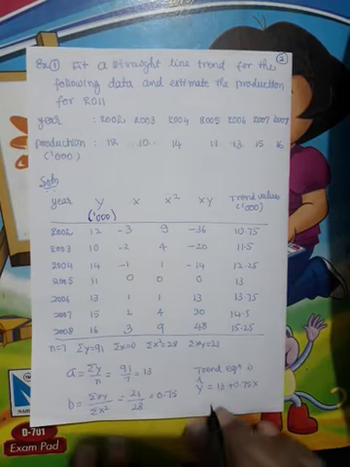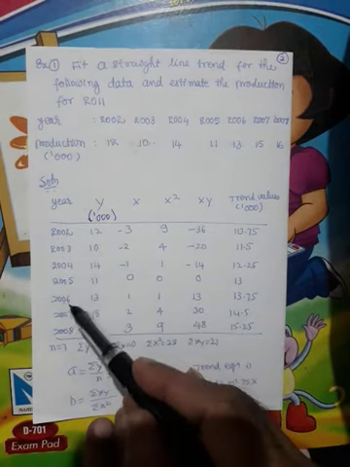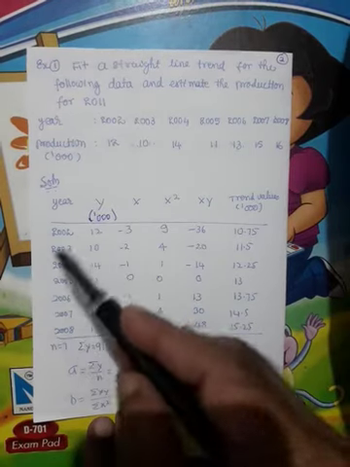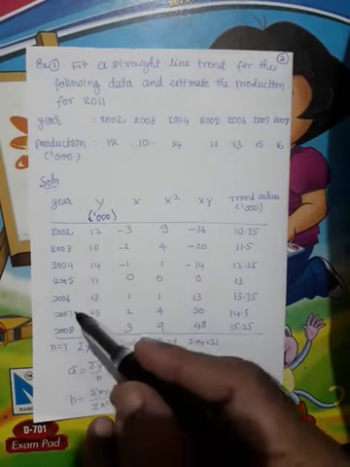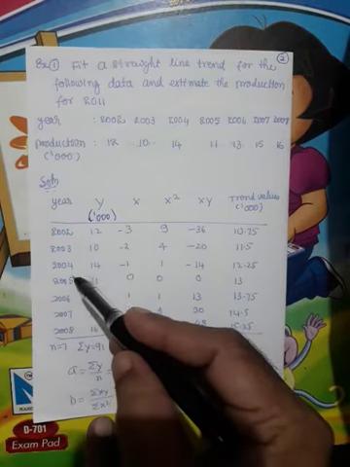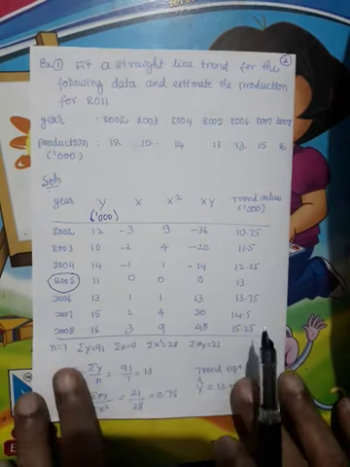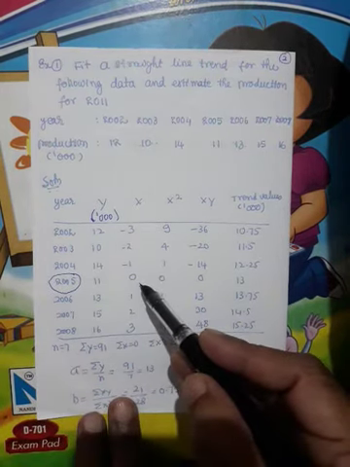Among the given years, 1, 2, 3, 4, 5, 6, 7, there are 7 time periods given. Among them, which one is the middle one? 2005 is the middle one. This is the middle year. For the middle year, take x value 0.